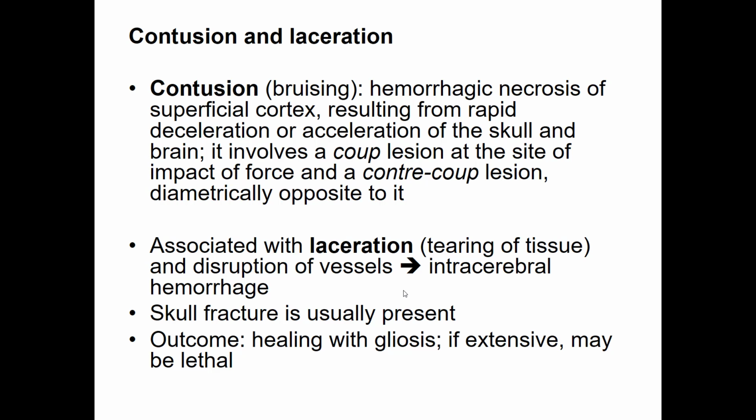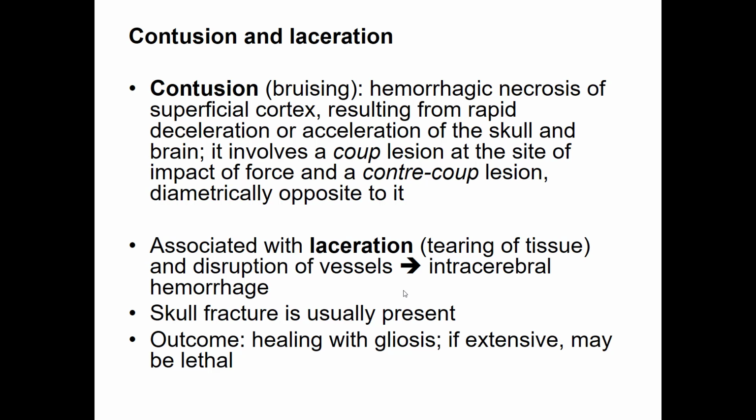This results from rapid deceleration or acceleration of the skull and brain, and this involves two typical injury sites, the so-called coup and the contrecoup lesion. These are French words indicating the damage at the site of the injury and on the contralateral side, as I'm going to show on the next picture.